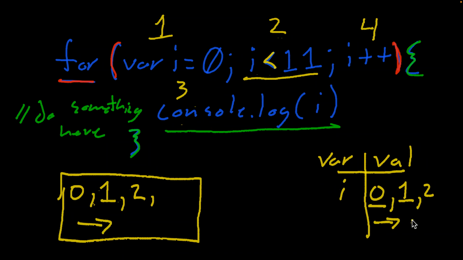When i equals 11, we no longer console log it because it's not going to meet this requirement. 11 is not going to be less than 11. 11 is only going to be equal to 11 once it reaches 11. So all that we would have consoled would have been 0, 1, 2, 3, 4, 5, 6, 7, 8, 9, 10.